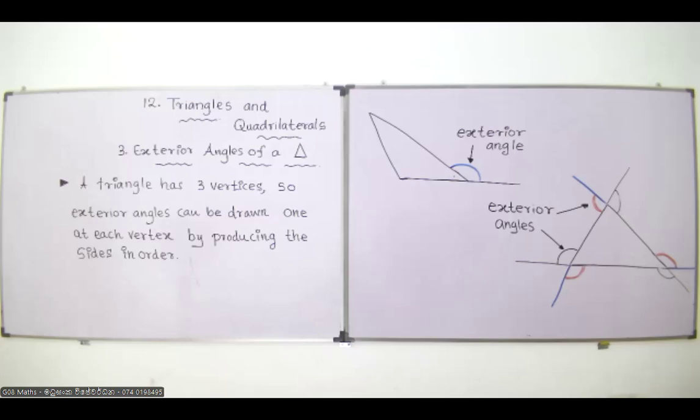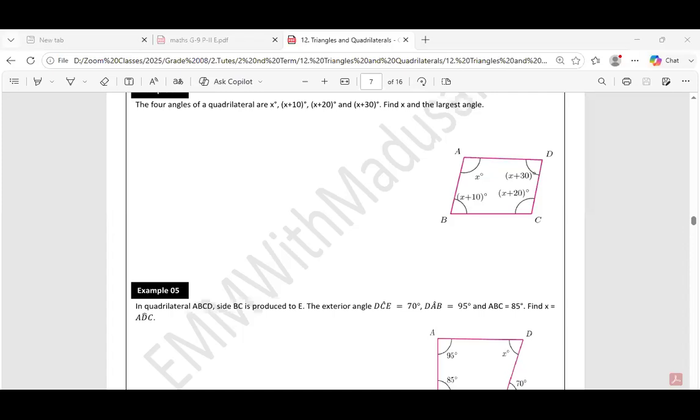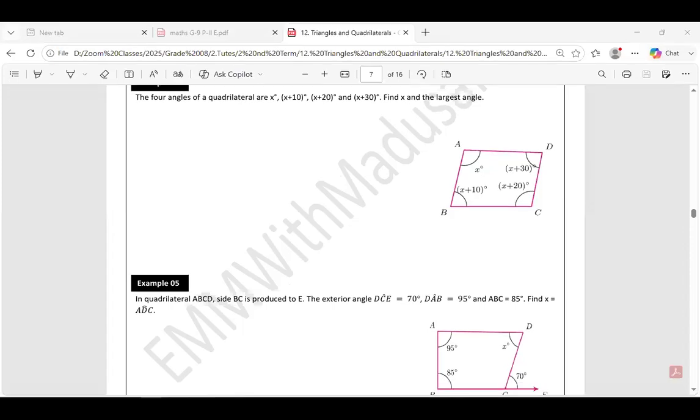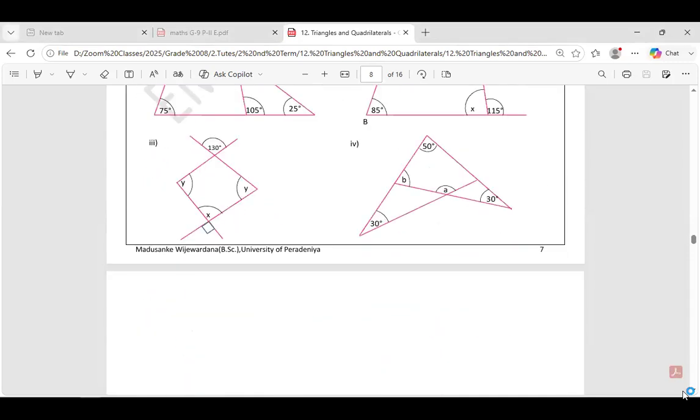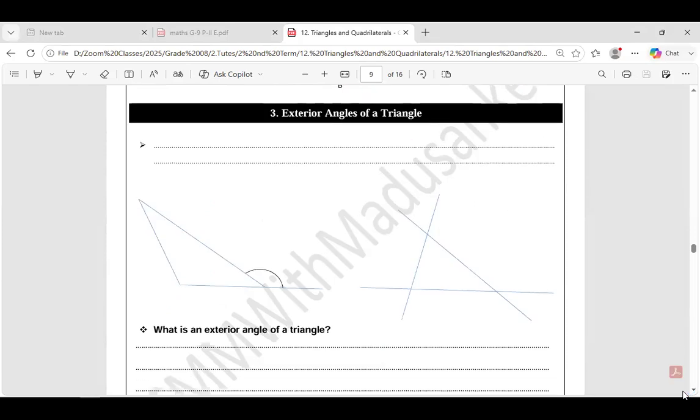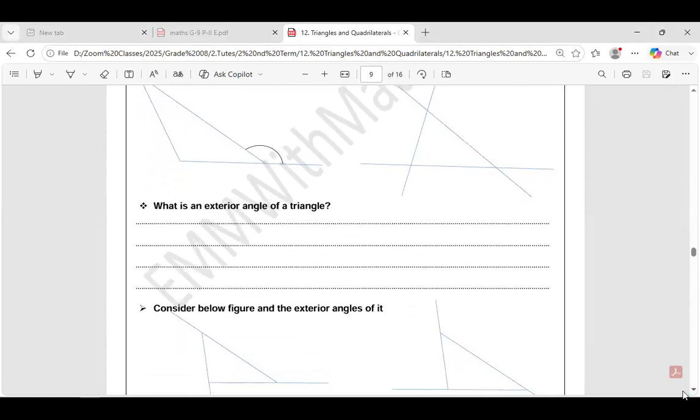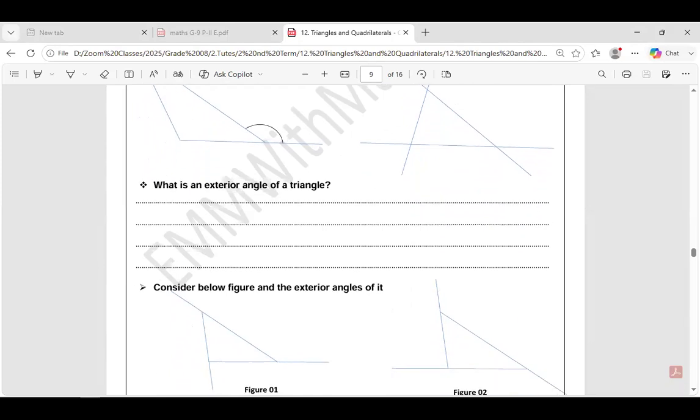So I'm going to share the screen. Since we are doing this here, I hope you have written down the things.